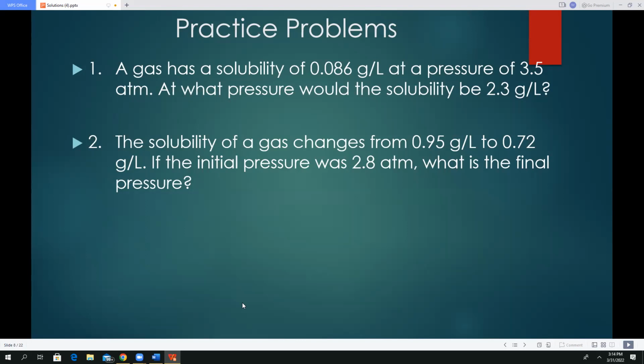Applying that law, S1 over P1 equals S2 over P2.